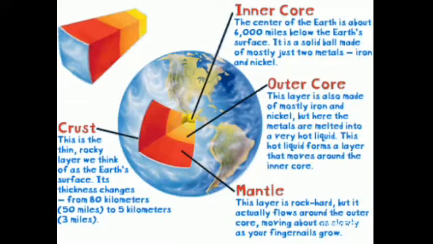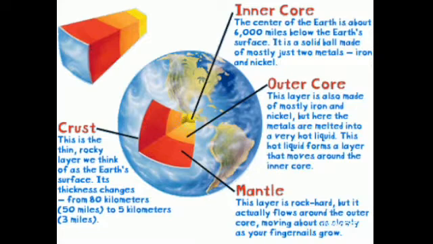The crust is the thin rocky layer we think of as the Earth's surface. Its thickness changes from 80 kilometers to 5 kilometers. And the Earth's surface, that is the crust, has all the soils and the rocks.